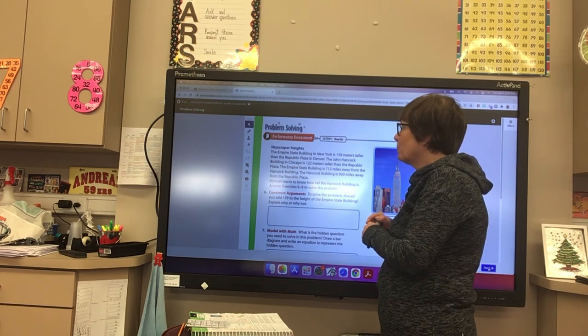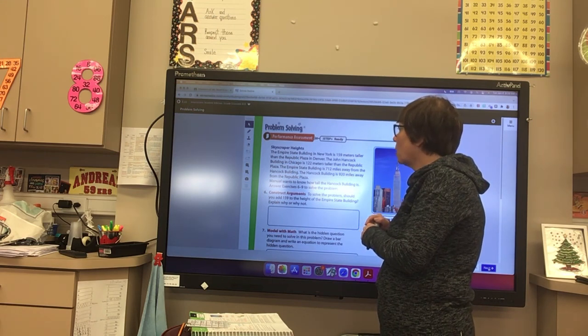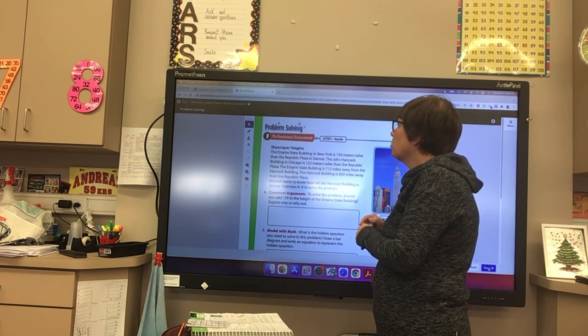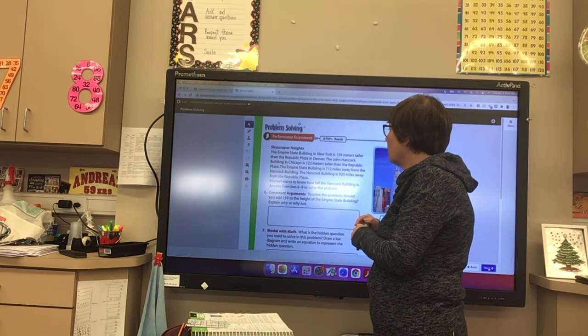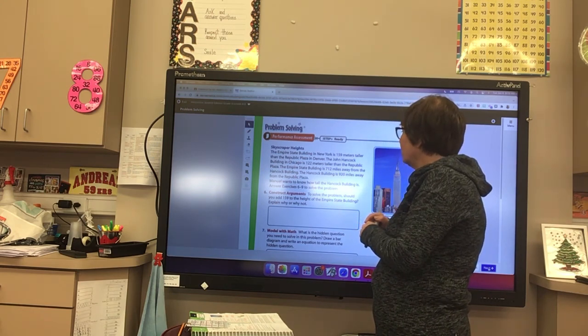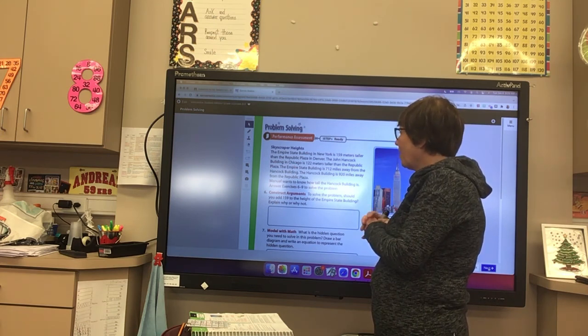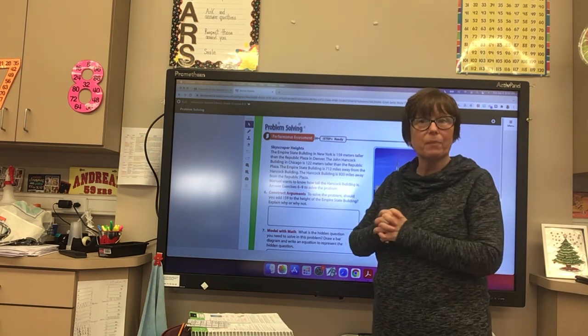The John Hancock Building in Chicago is 122 meters taller than the Republic Plaza. The Empire State Building is 712 miles away from the Hancock Building. The Hancock Building is 920 miles away from the Republic Plaza. Manuel wants to know how tall the Hancock Building is. Answer exercises 6 to 9 to solve the problem.